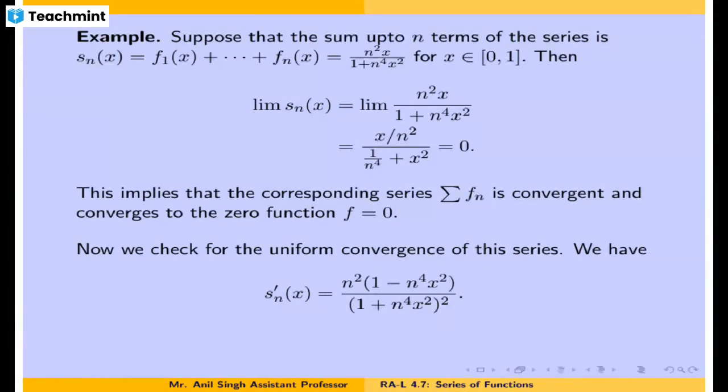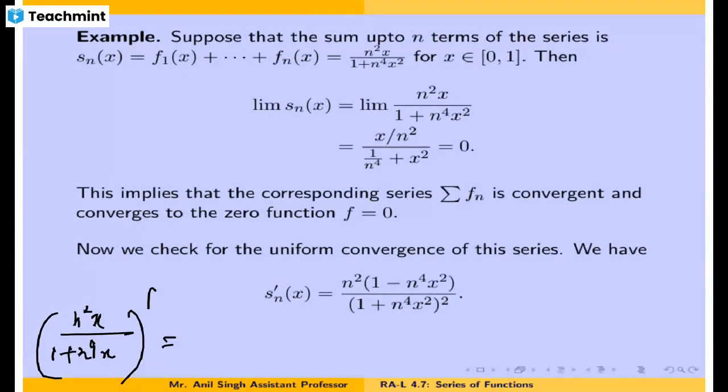And here is the derivative calculated. Let me calculate it also. You have n square x upon 1 plus n to power 4 x square. If you differentiate it, you use the quotient rule.